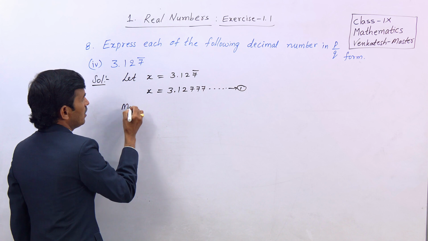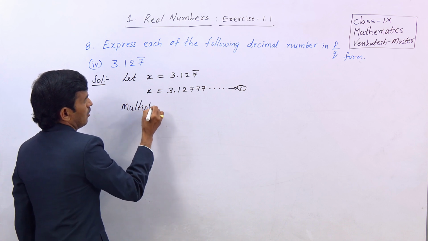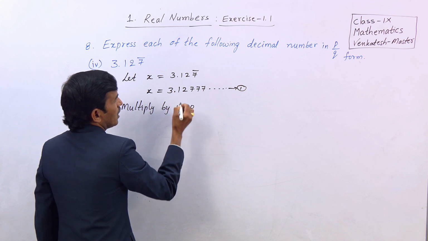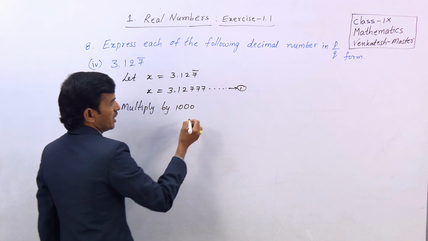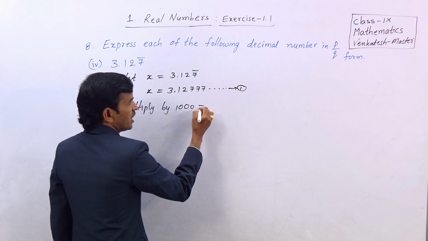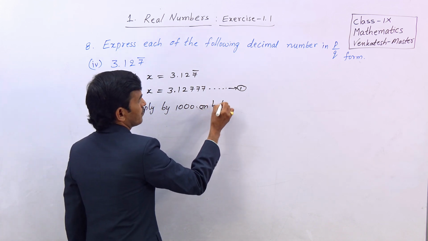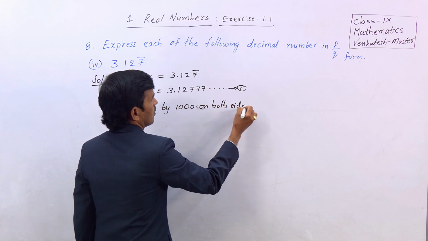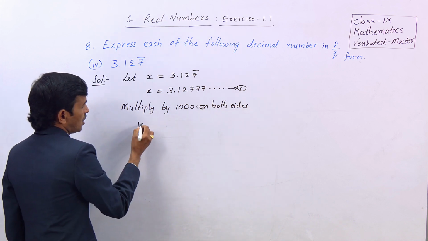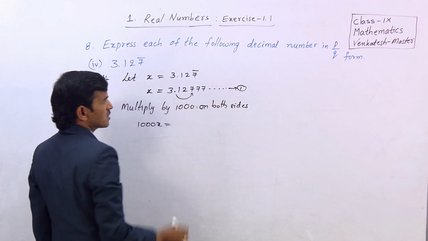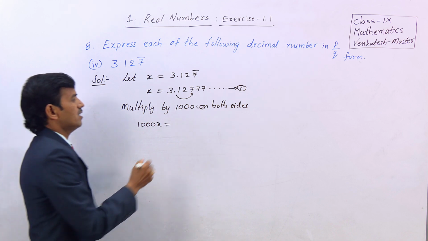So multiply by 1000, as 3 digits are there, 10 power 3. 10 power 3 is nothing but 1000 on both sides. Then what do you get? 1000 times of x is equal to, the decimal point moves 3 digits towards the right side.